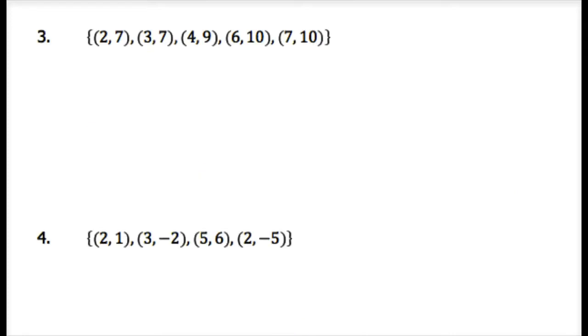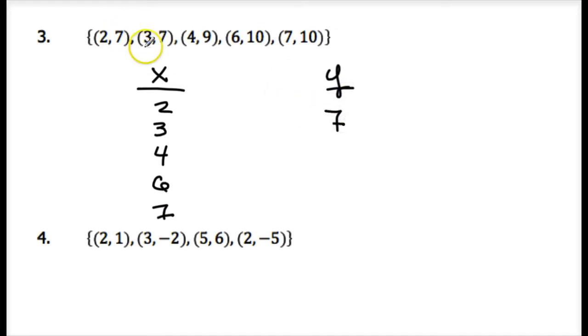Let's try that now with a set of ordered pairs. So in example 3, I'm given a set of 5 ordered pairs. I'm going to go ahead and list these ordered pairs in a mapping diagram. So my x values, or my domain values, are 2, 3, 4, 6, and 7. My y values, or my range values, I have a 7, and that 7 repeats.